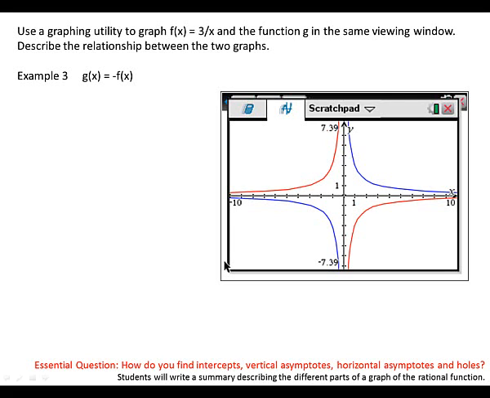All right. And we would say that it was a reflection in the x-axis. If we put y, would we get it wrong? Probably not. If you had the word reflection, I'd probably be pretty happy.